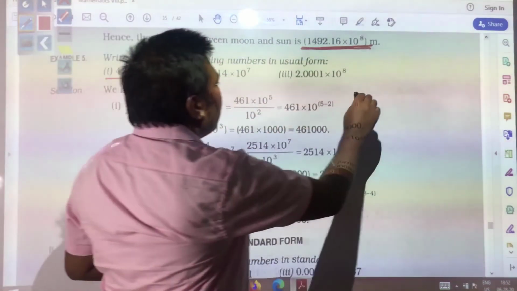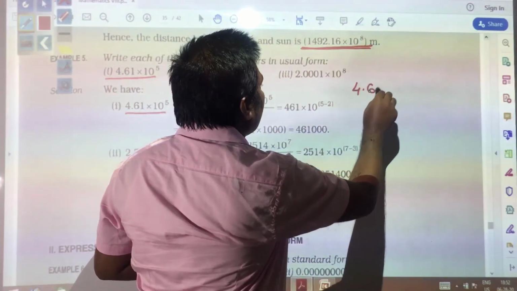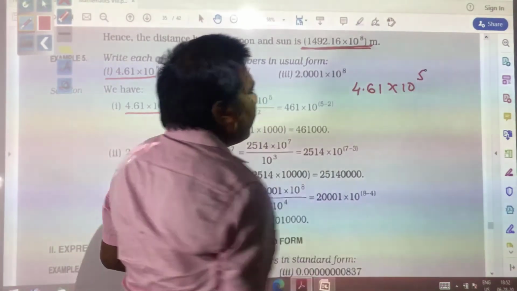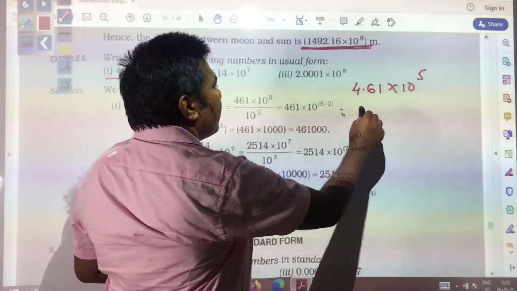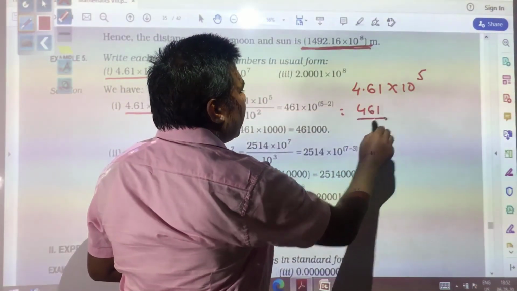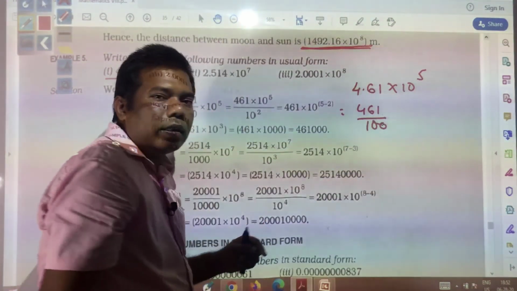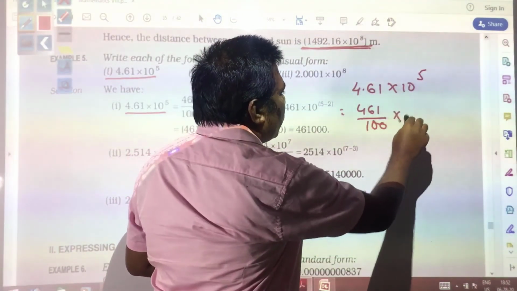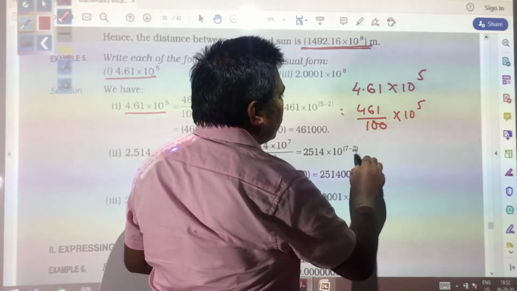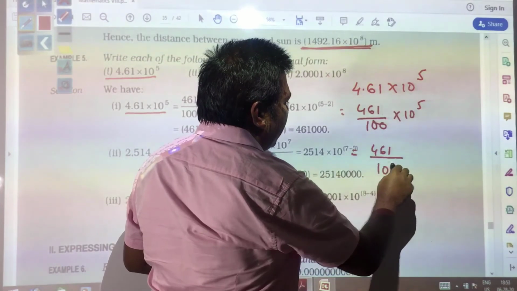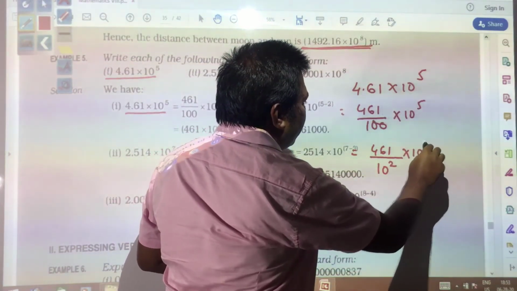Again you see 4.61 into 10 to the power 5. What will you do? 461 divided by, after the decimal 2 digits you have, so you divide by 100, into 10 to the power 5. So, this will be 461 divided by 10 to the power 2 into 10 to the power 5.